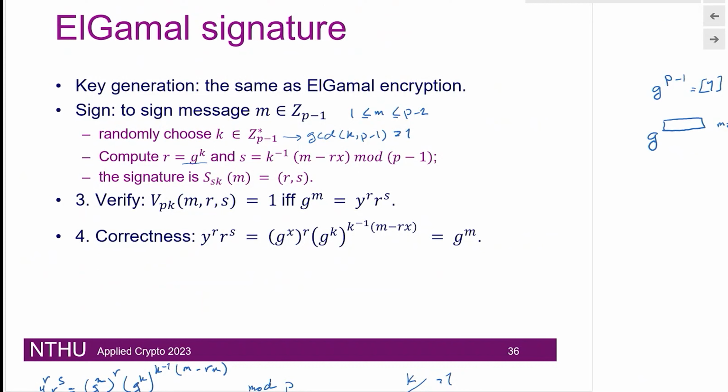Just for your knowledge, we can also design a signature scheme using the discrete logarithm problem. So I think just now we've discussed RSA that works on the regular Z_N groups, and the security relies on the factorization problem.